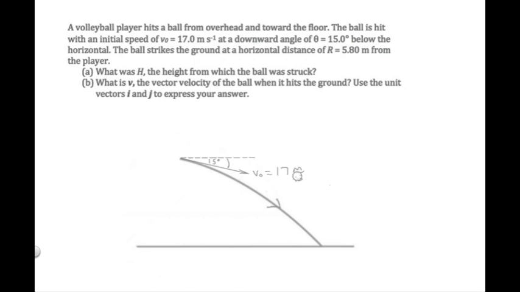Okay, so to review, how did we know which part of the parabola to draw here? Well, remember that the velocity vector at the initial point should be tangent to the parabola at the initial point. We knew here that we wanted a downward velocity vector at the initial point. That means a downward tangent at the initial point, and this is the type of curve that allows us to draw that tangent.